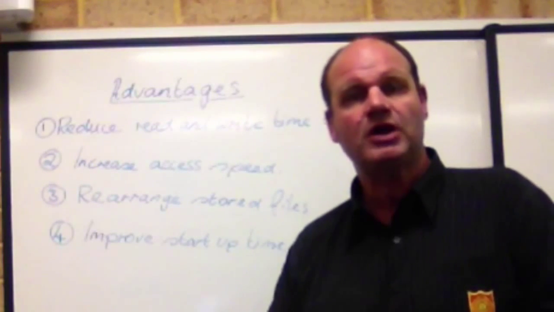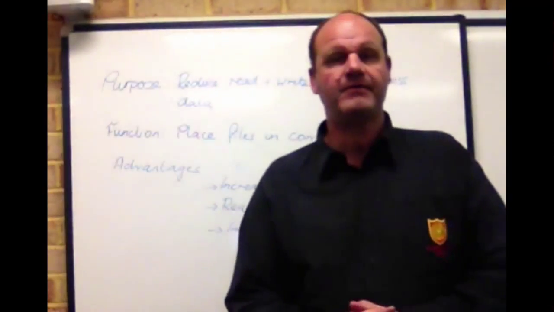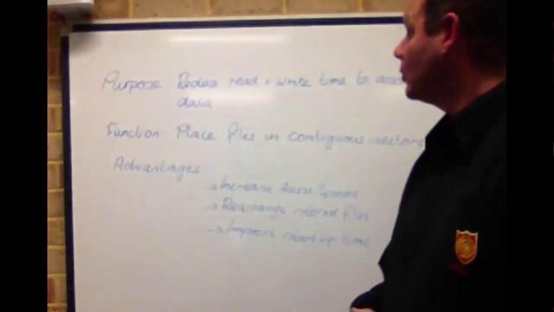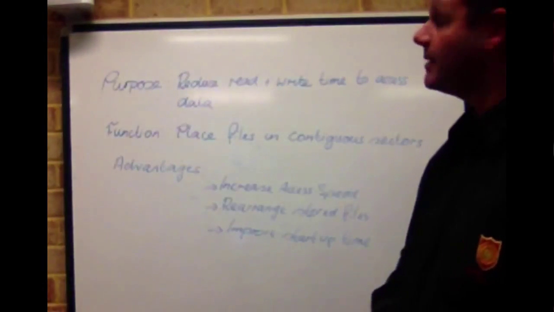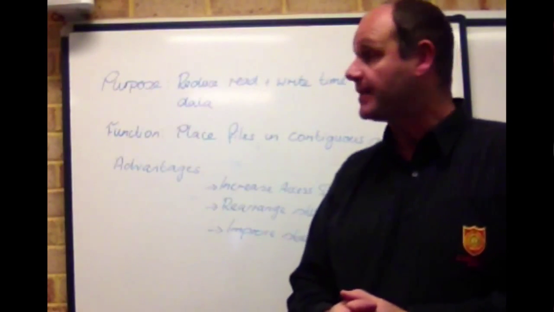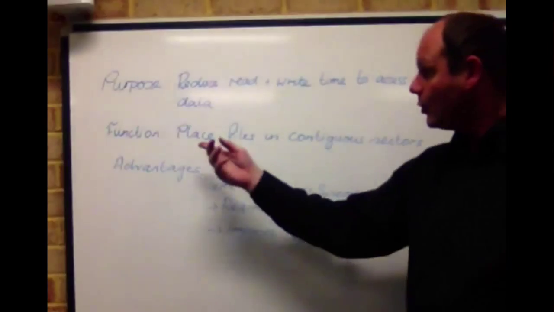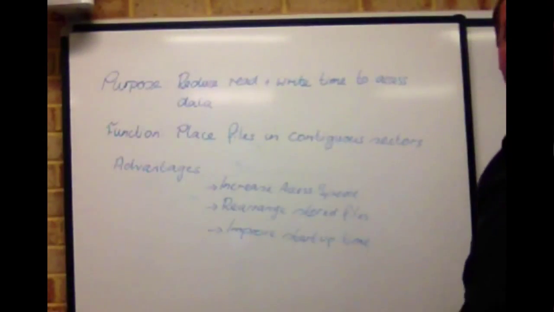So what do we need to know for our defragmenter? Well, we need to know what the purpose is. The purpose is to reduce the read-write time to access data. That's the whole purpose of our defragmenter. How does it do that? It's going to place files in contiguous sectors.